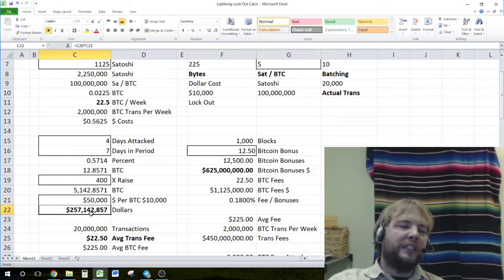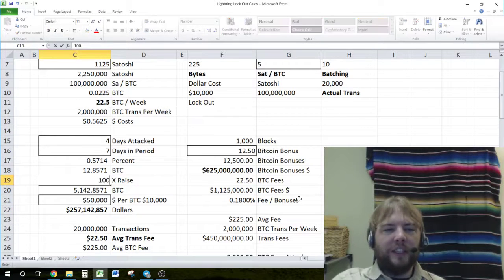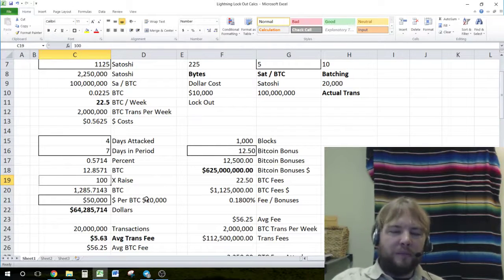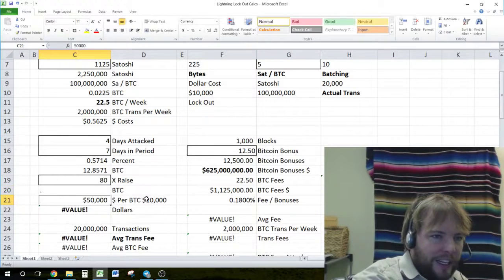Or well, really, it's just 5 times that. So it costs you $250 million to do a 400x increase, which means that for the same amount of money, if you're committed to only spending roughly 50 million, then instead of doing a 400x, you could only do an 80x increase.